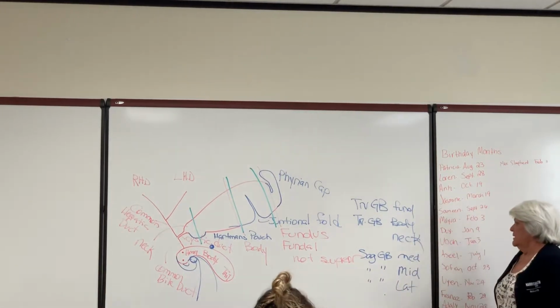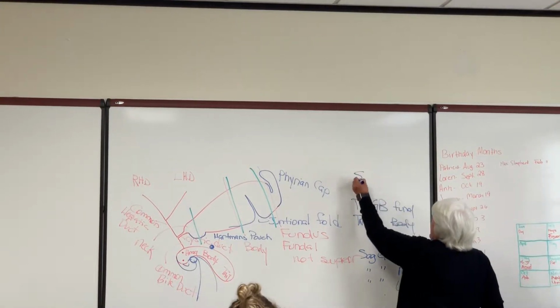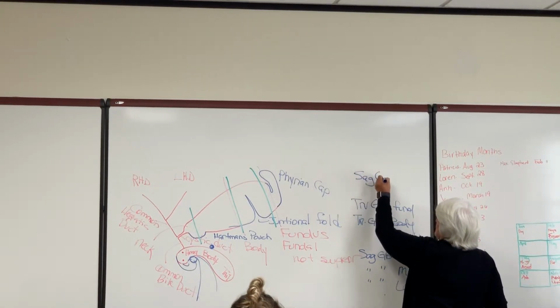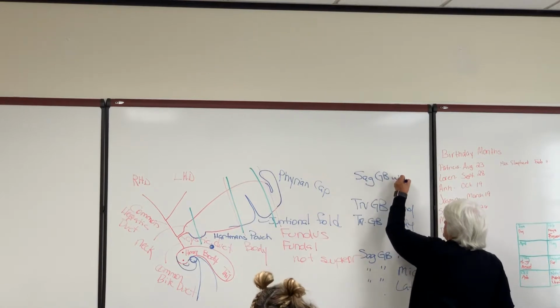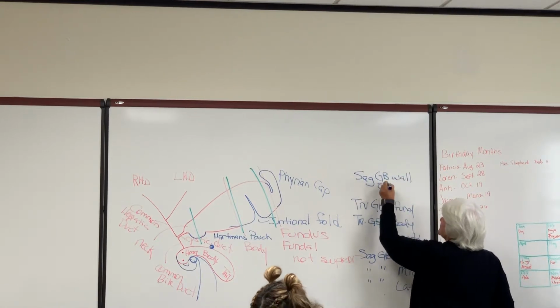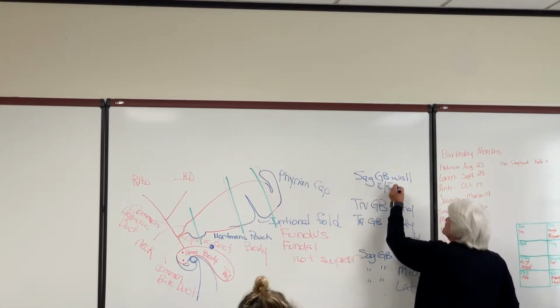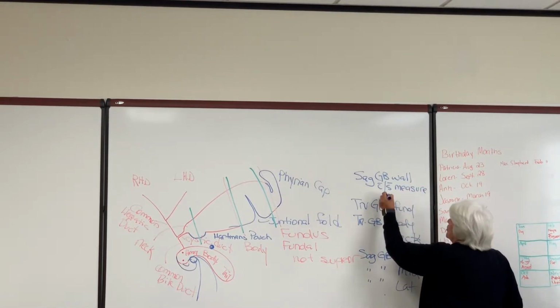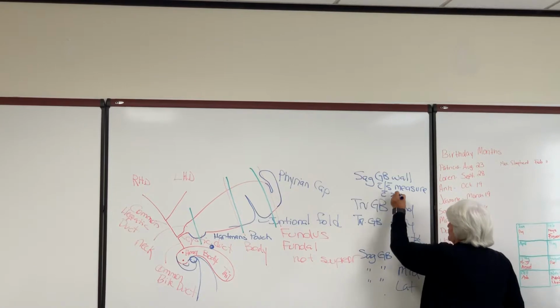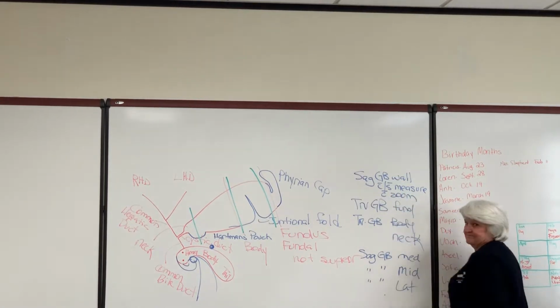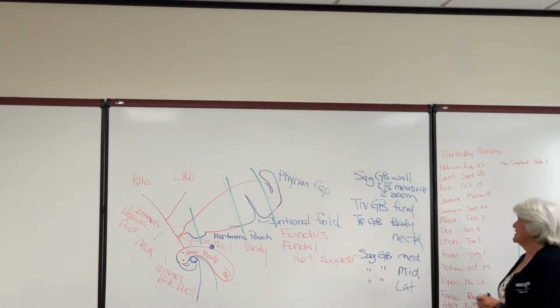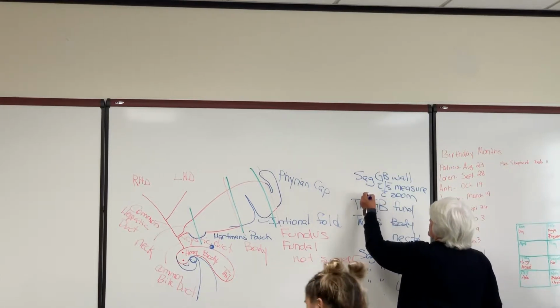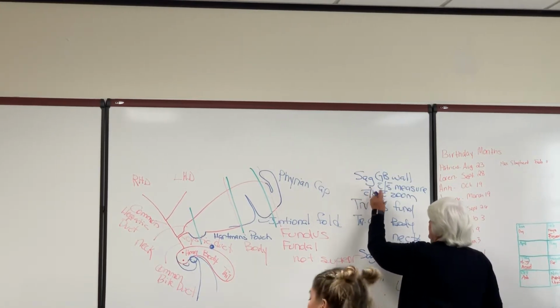Okay? And then you do a sagittal gallbladder wall. That's with, without, measure, with zoom. Okay? So that would be with and without zoom.